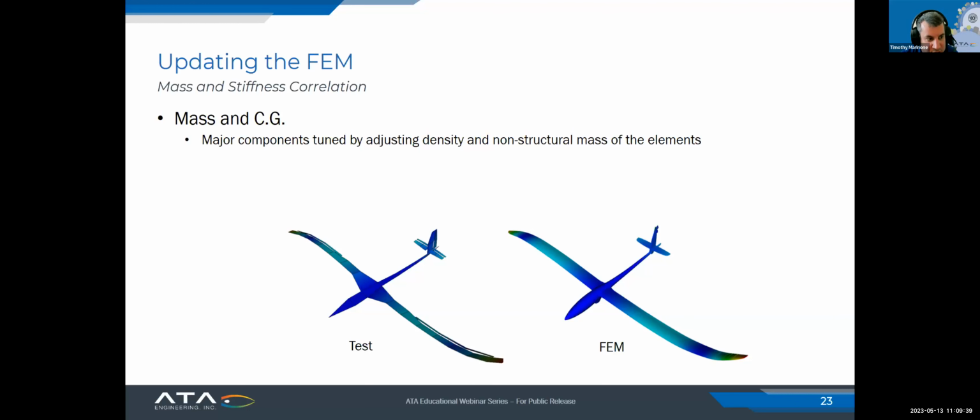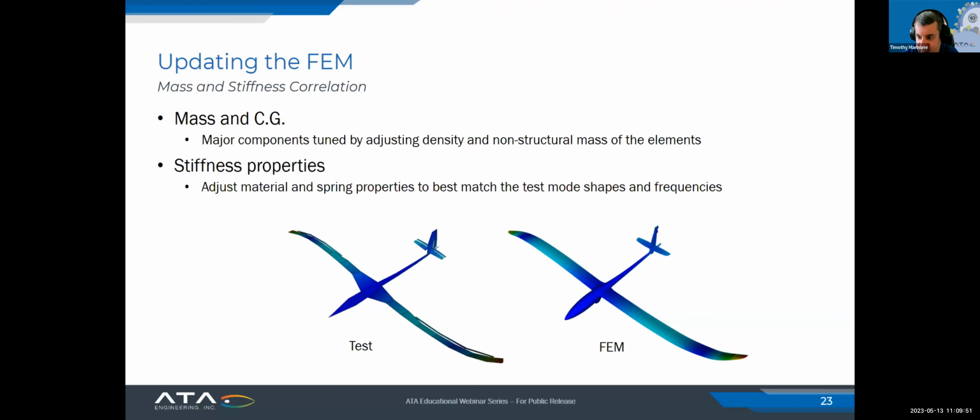You could do that by adjusting the density, and by figuring out any non-structural mass of the elements in order to match that test data. We then focused on the stiffness properties by adjusting both material properties as well as the joint spring properties. That allowed us to better match the mode shapes and frequencies. At the end of it, we had a correlated model that we were happy with.